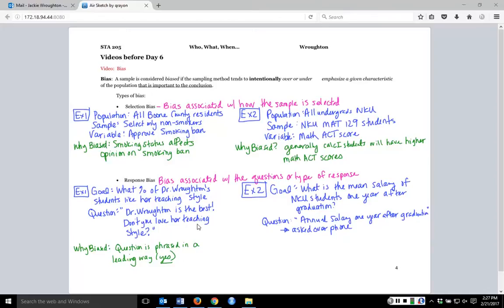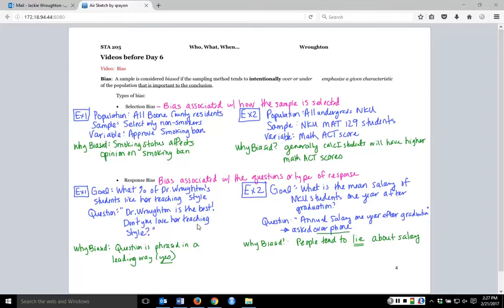Okay, why might that be biased? When we're talking about money, right, people tend to lie about their salary. Especially if I'm asking them over the phone.